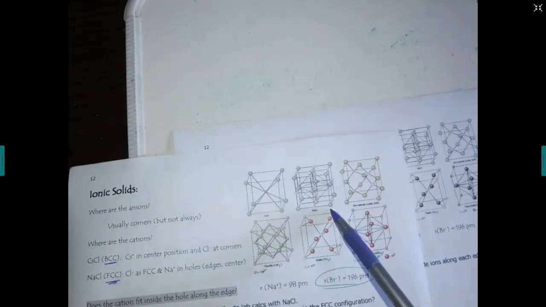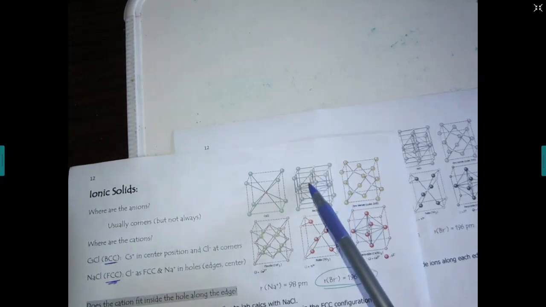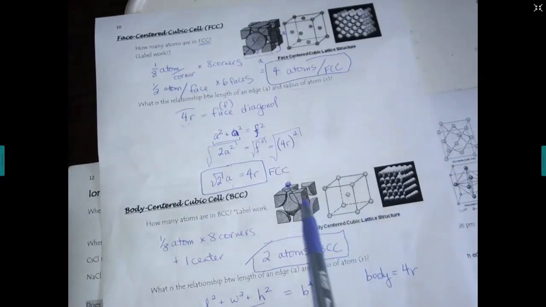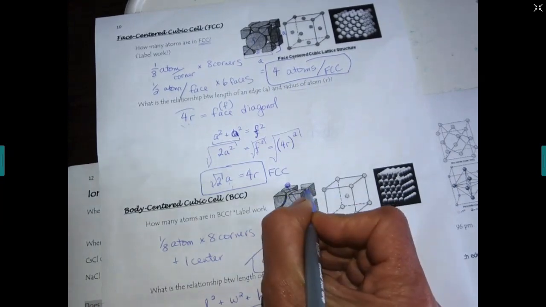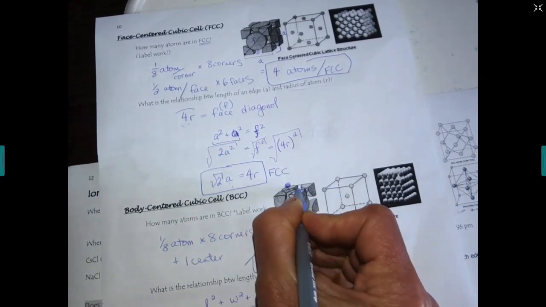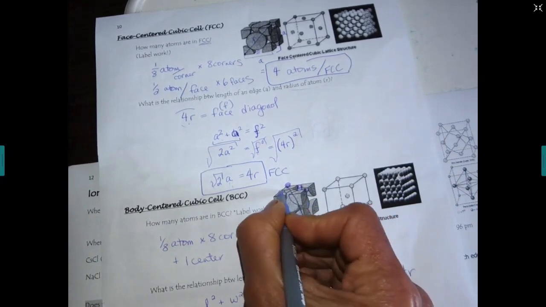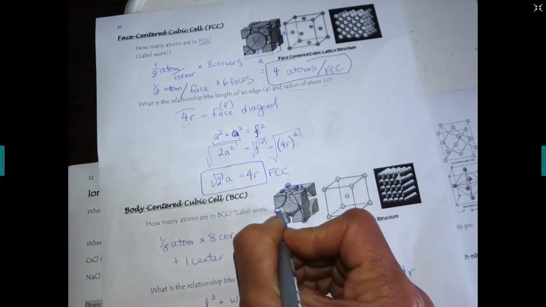I'm sorry, that was calcium fluoride. That's chloride. So the greens are the chlorides, of course. And then they're on the face. And I'm going to go back to this picture, sorry. The sodiums fit into this spot here along the edge in here. These are all our little sodiums. I should have gotten a different color.